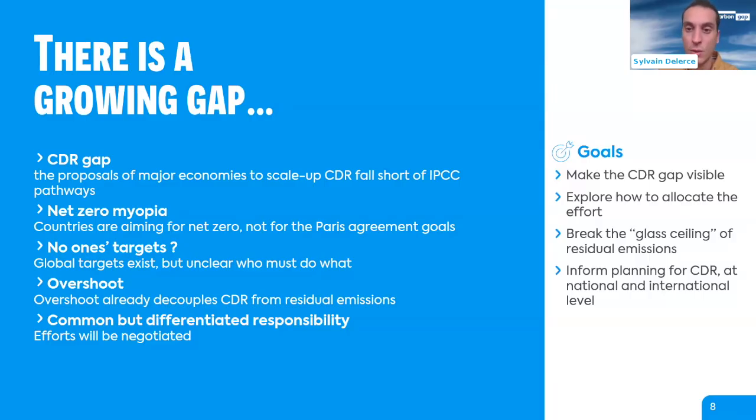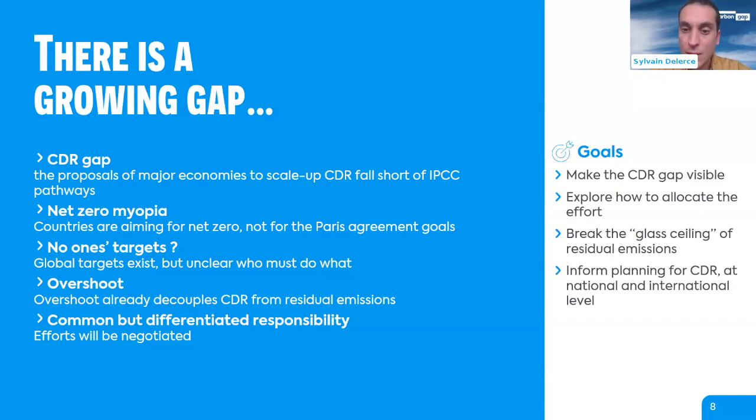And again, the tool allows us to explore different ways. And another one is to try to break a little bit the glass ceiling, we could call it, in CDR planning that exists today, in that most countries for now are only looking at the objective of neutralizing their residual emissions, but not beyond, except certain countries, like we can mention potentially the group of negative emitters.